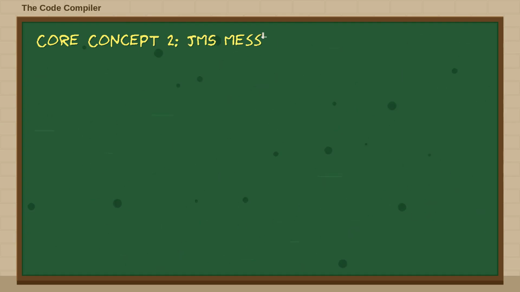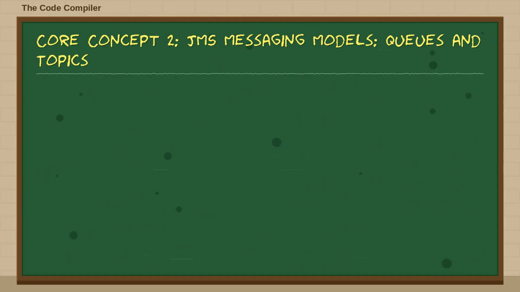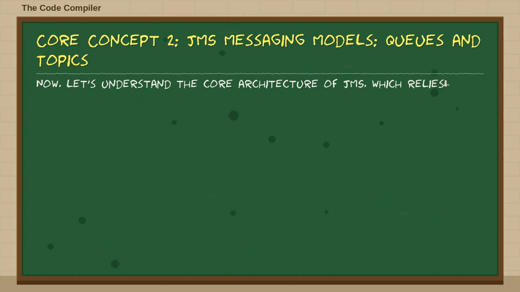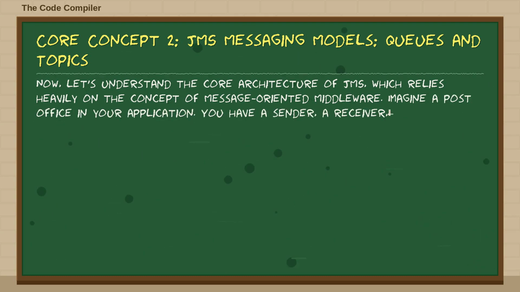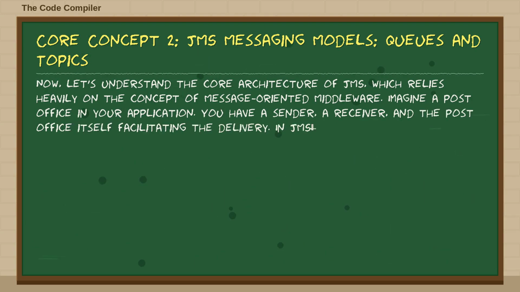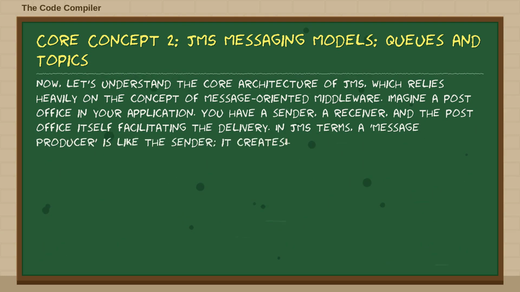Now, let's understand the core architecture of JMS, which relies heavily on the concept of message-oriented middleware. Imagine a post office in your application. You have a sender, a receiver, and the post office itself facilitating the delivery. In JMS terms, a message producer is like the sender.